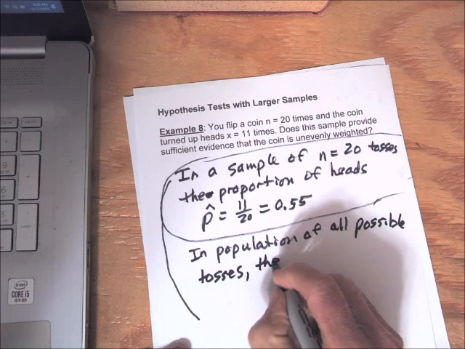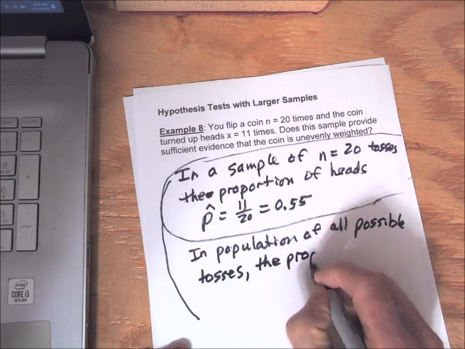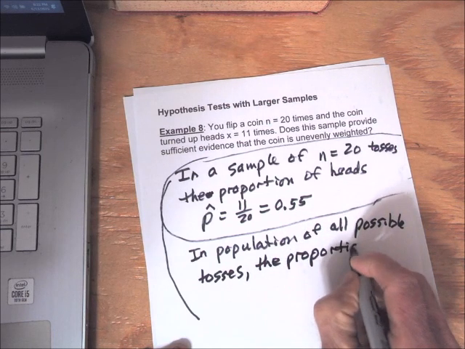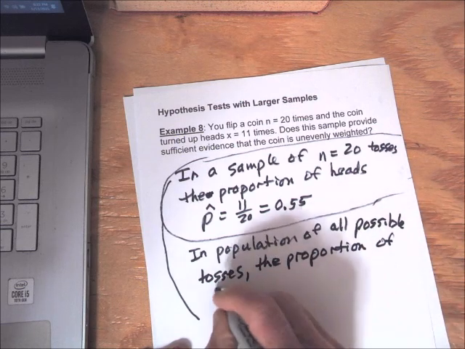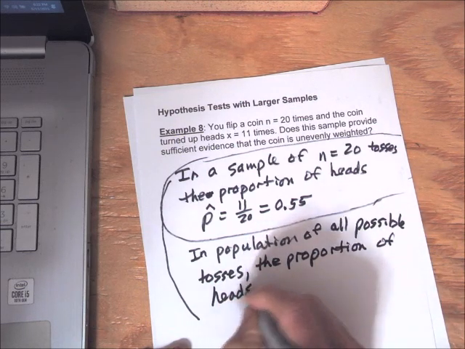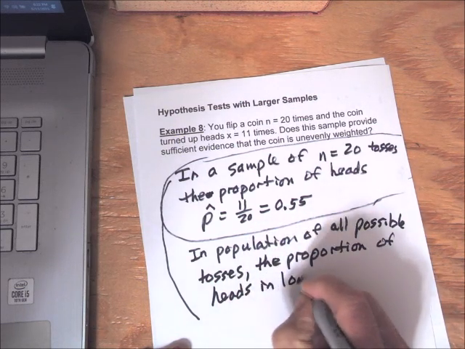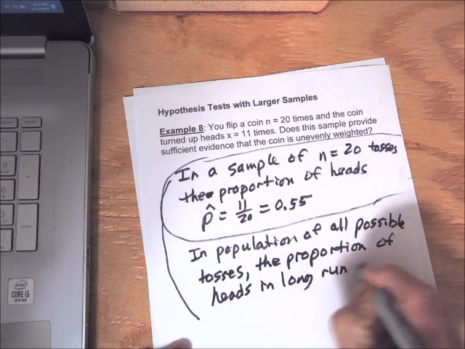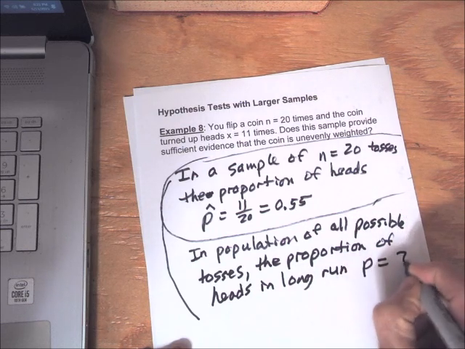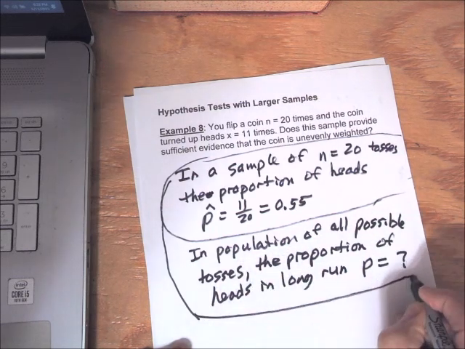The proportion of heads in the long run is represented by the letter P, and we don't know what that is.